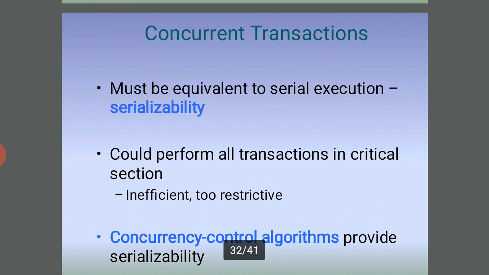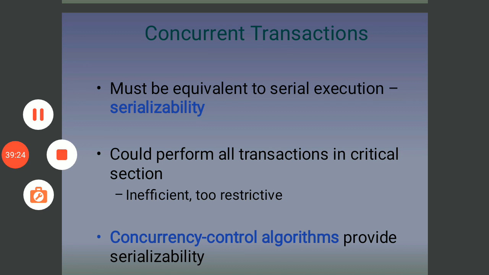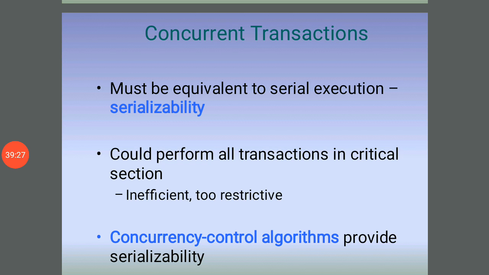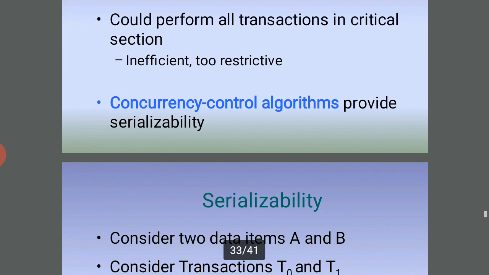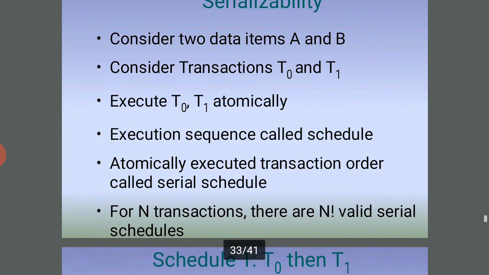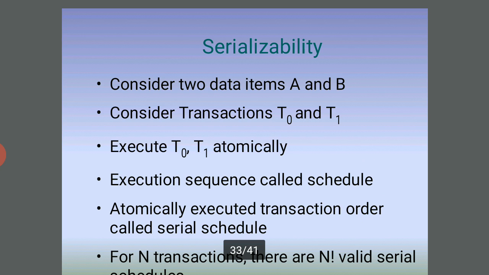And the next one, concurrent transactions. So what are concurrent transactions? They must be equivalent to serial execution, serializability. We could perform all transactions in a critical section, but that is inefficient. Concurrency control algorithms provide serializability. Consider data items A and B and transactions T0 and T1.